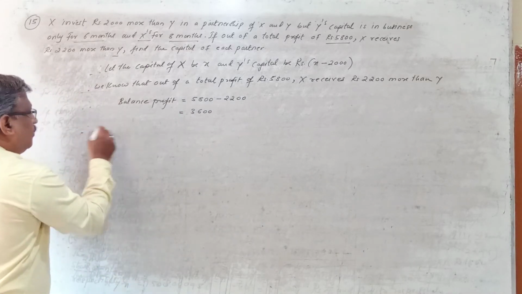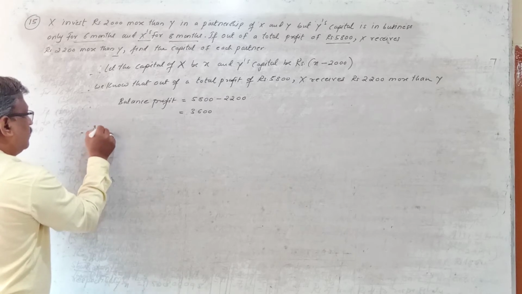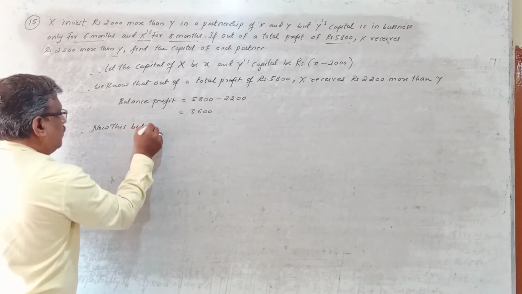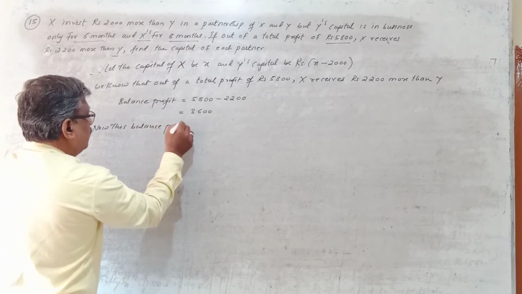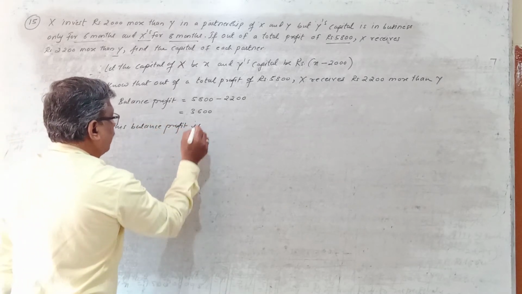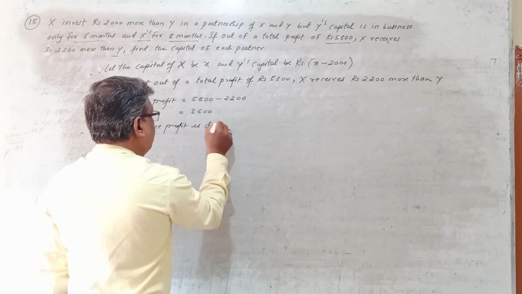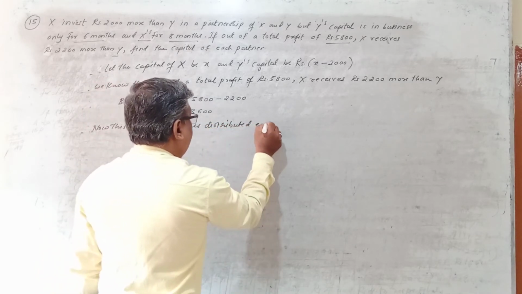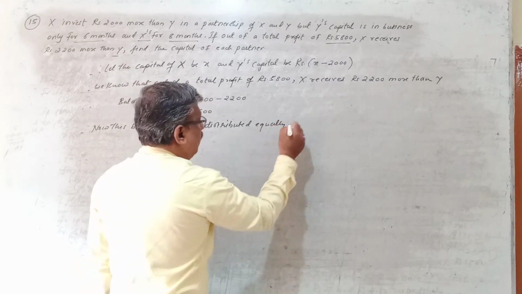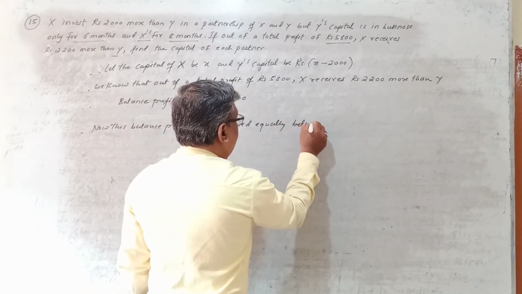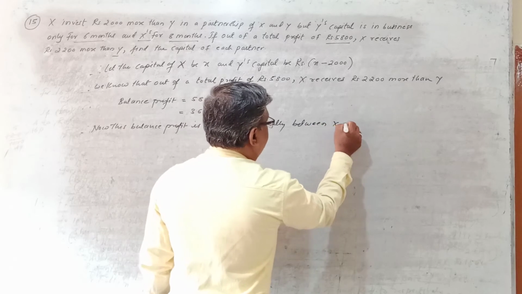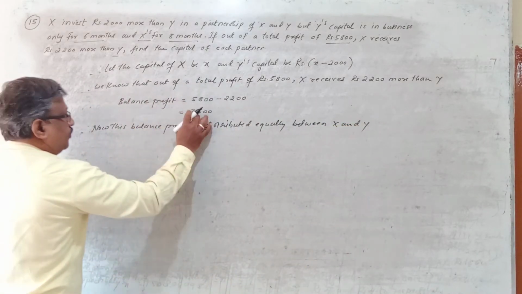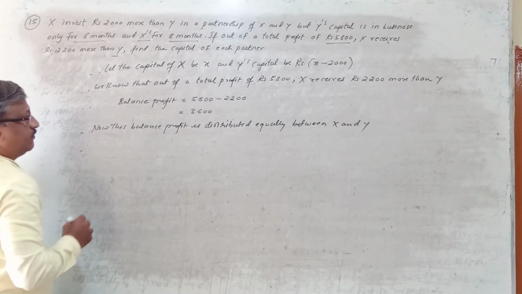So now you are right. Now this balance profit is distributed equally between X and Y. Now distribute this between X and Y equally.